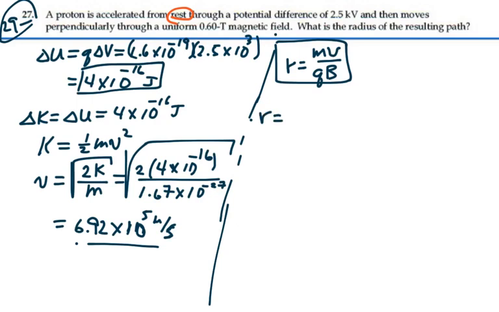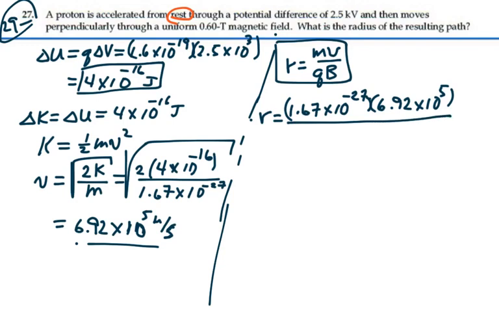So the radius is equal to the mass of the proton, 1.67 times 10 to the minus 27, times the velocity we just found to be 6.92 times 10 to the 5, over the charge of a proton, 1.6 times 10 to the minus 19 coulombs, and the magnetic field is 0.6 Tesla.